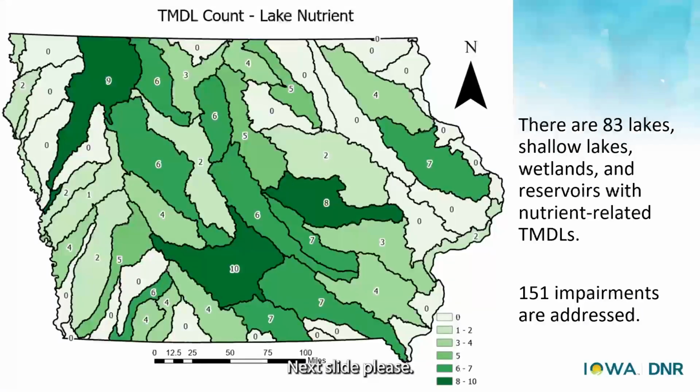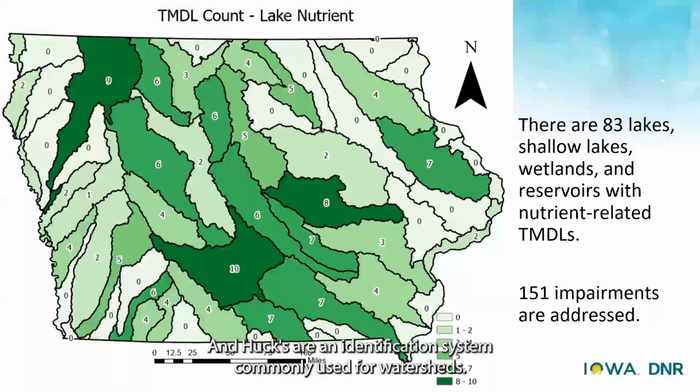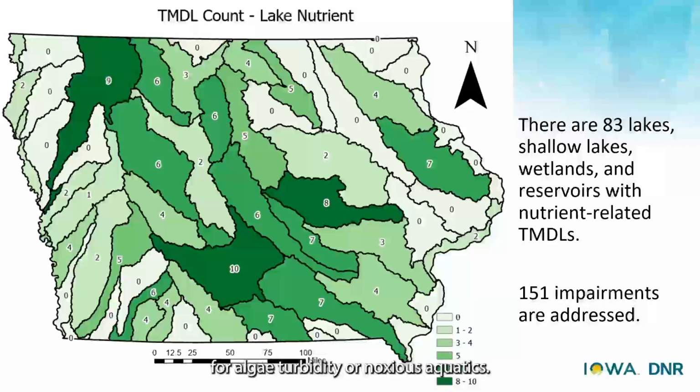Next slide, please. So this map shows a number of lake nutrient TMDLs that have been completed in each HUC 8 watershed in Iowa. And HUCs are an identification system commonly used for watersheds. Statewide, there are 83 completed TMDLs for lakes, shallow lakes, wetlands, and reservoirs for the effects of excess nutrients. Those effects could be a violation of the numeric criteria for dissolved oxygen or pH, or a violation of the narrative criteria for algae, turbidity, or noxious aquatics.